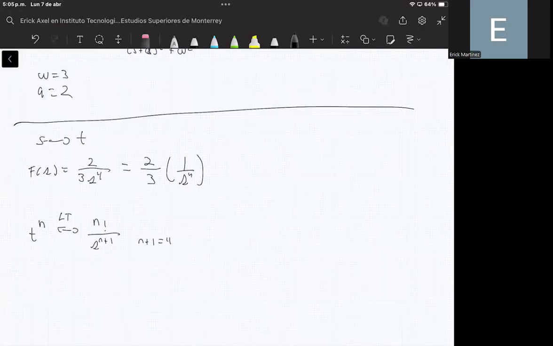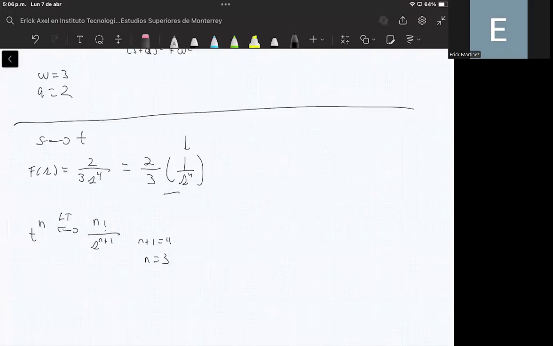We compare these two. The problem is that we don't have the n factorial in this expression. But we can solve this equation for n. Now we have that n should be equal to 3. So we are missing in this expression the n factorial at the numerator.